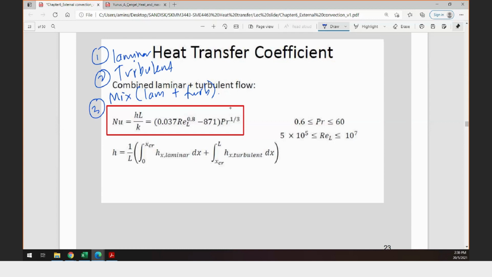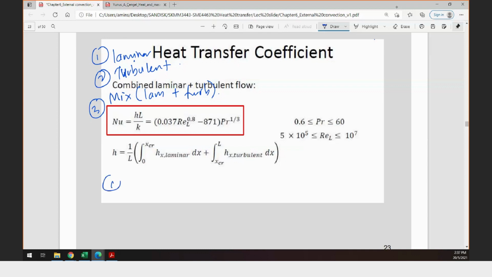What is the difference between the turbulent and the mixed laminar and turbulent? Under heat transfer we have three possible equations that you may use to calculate the h value. Anyone want to explain? No?